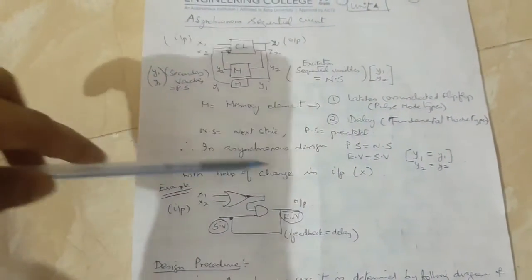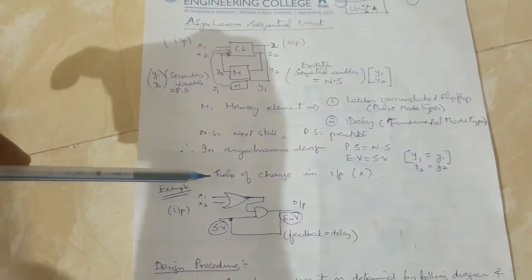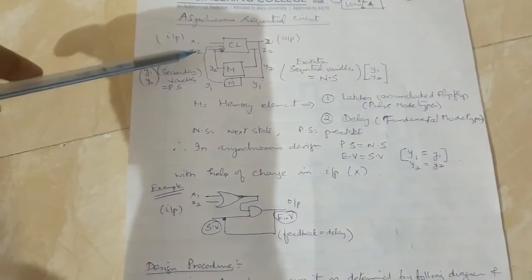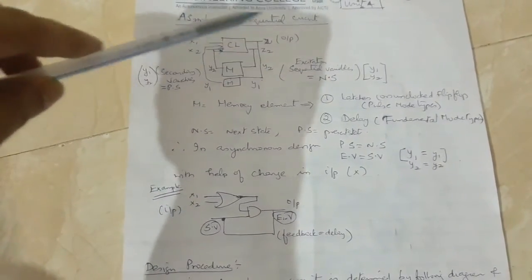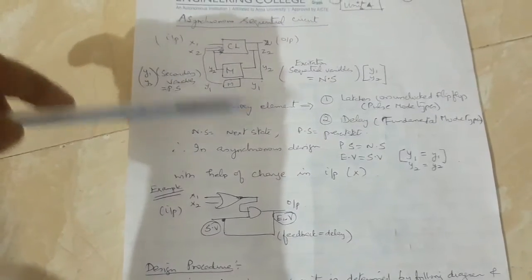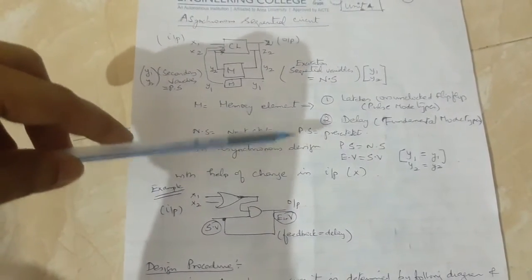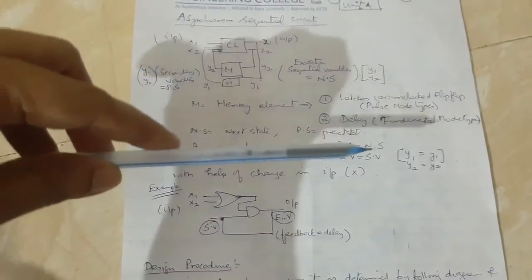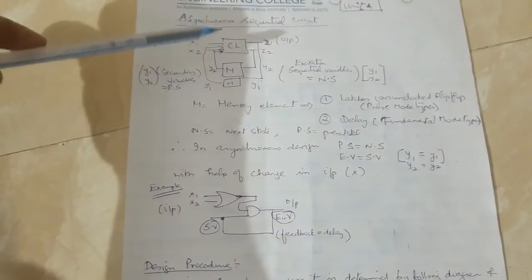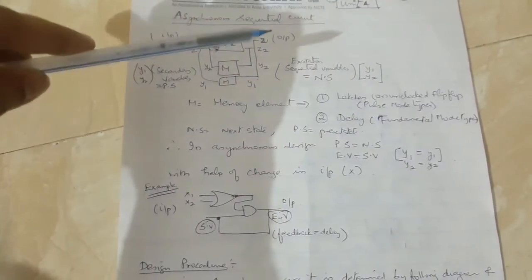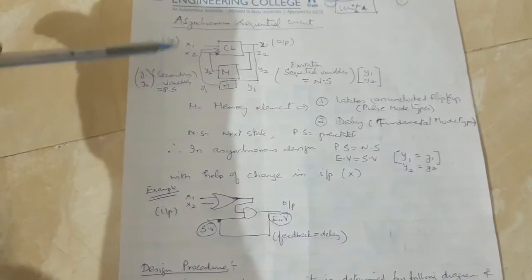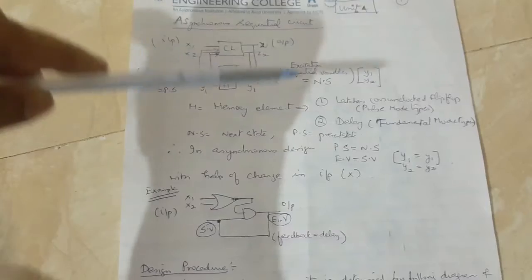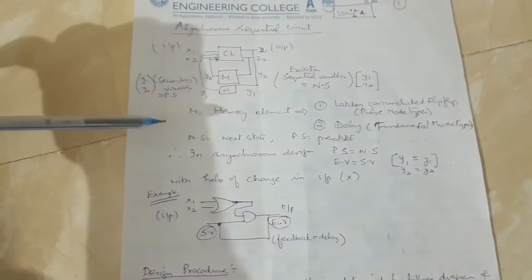Only at this condition will you produce any change in the output with respect to an input variable x. So Z1 and Z2 will produce an output whenever this condition is satisfied. Present state equal to next state means that a steady stable state is attained by the circuit. Once the circuit becomes stable, Z is the output obtained with the changes in x1 and x2. When does the stable condition occur? When the next state value is equal to the present state value.